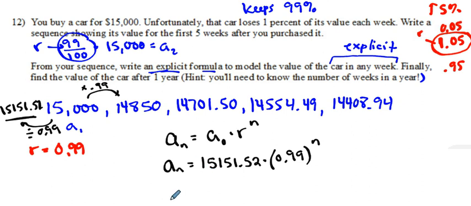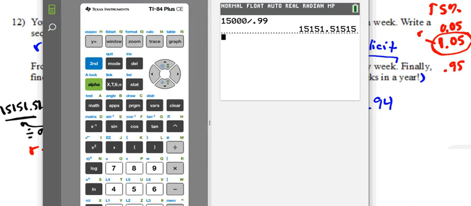And then if we want to know the value after the first year, that would mean that n is 52. So I'm going to use this number in my calculator without having to go up there and select it or retype it.